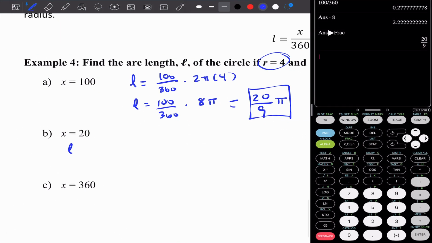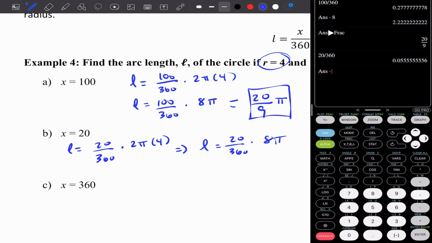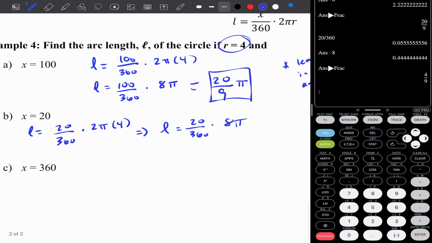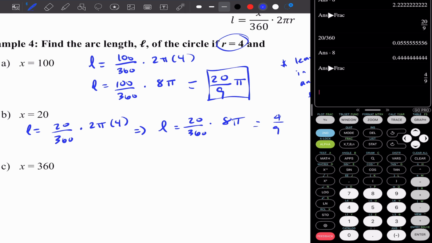Okay. All right, so let's go ahead and do the same thing for B. So we have L equals 20 over 360 times 2 pi, the radius is still 4. So then I can write L equals 20 over 360 times 8 pi. So 20 divided by 360 into my calculator, multiply that by 8, math, enter, enter. So you should get 4 over 9 pi.